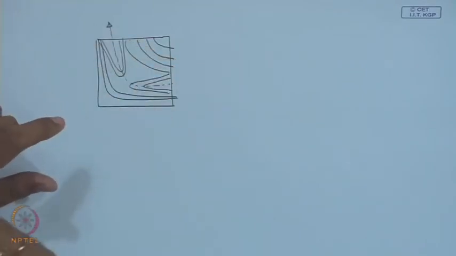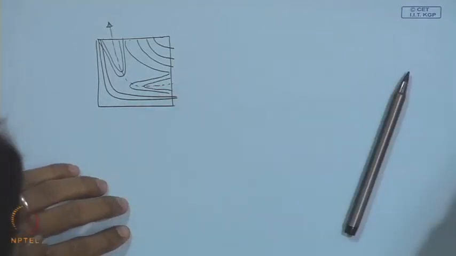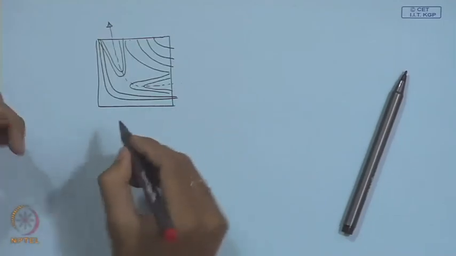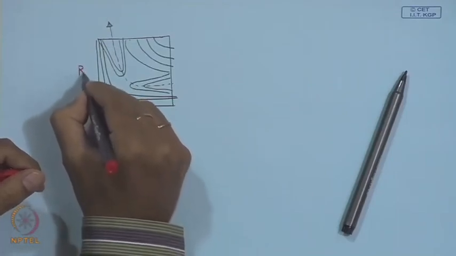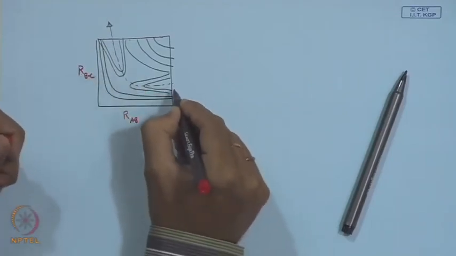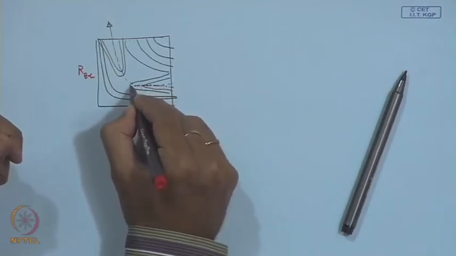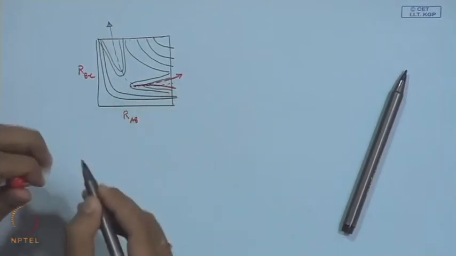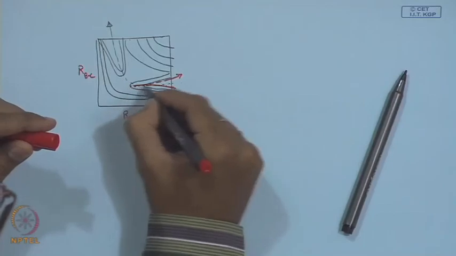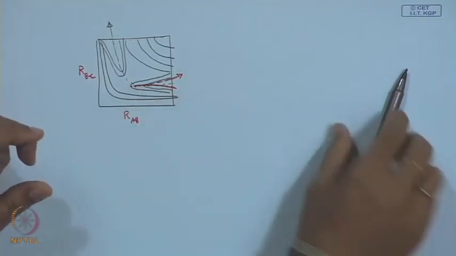But when it is an inelastic collision, that is energy transfer, then what is happening? It is like, of course, this is RAB, RBC. So, in that case, it goes this way, then it goes back, I mean, it returns. Okay. And of course, in a different direction.